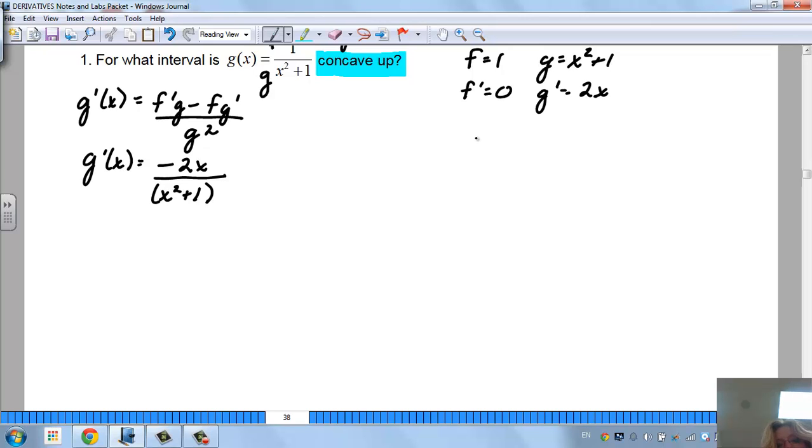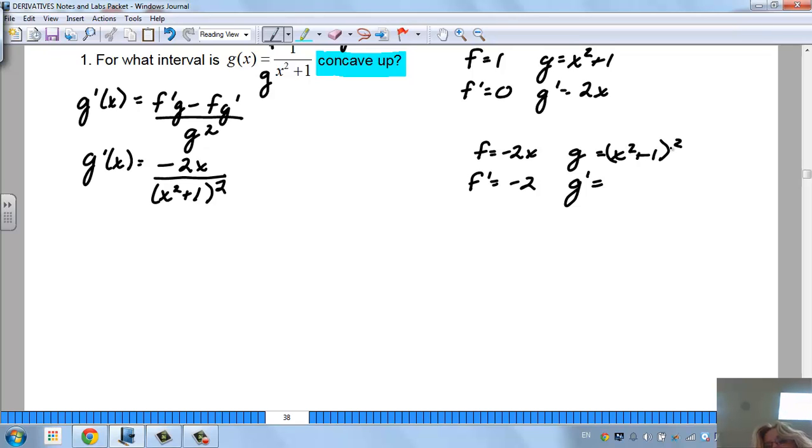So I'm going to set it up over here. Now my f is going to be negative 2x, and my g, whoops, so this should be squared, sorry, I forgot about that. And my g is going to be x squared plus 1 squared. Okay? So let's do the derivative so we can do this. So f prime here is negative 2, that's pretty easy, but now g prime, we actually have to multiply this out so we can take the derivative.